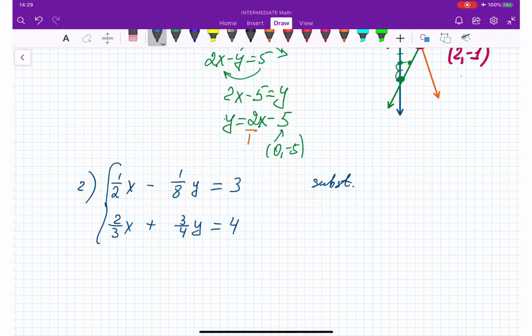Since both equations have fractions, first of all I have to get rid of the fractions. In the first equation I have denominators 2 and 8, so the common denominator is going to be 8. Which means 2 I have to multiply by 4.